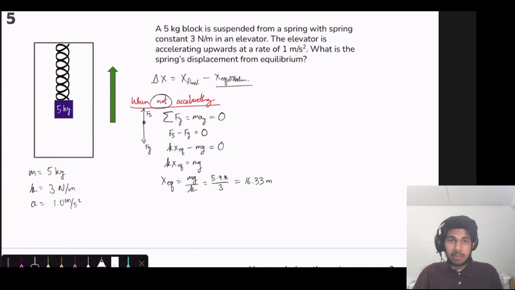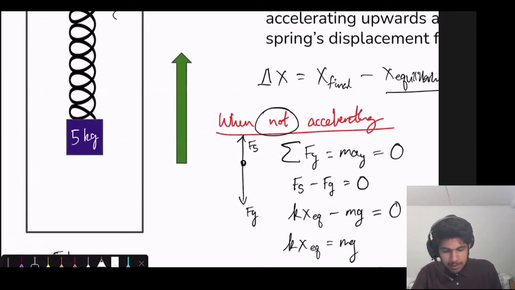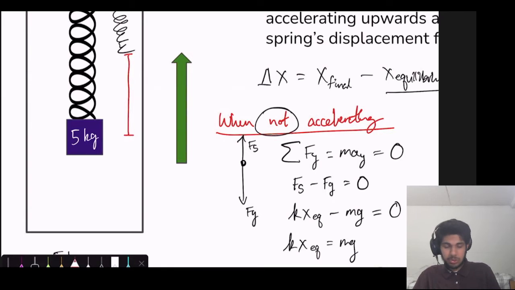What does this exactly mean, though? 16.33 meters, it's a number, but from what? Really, it comes back to the example that I pointed out: without the block, the spring looks something like this, but with the block, it's displaced by this much. So this is going to be 16.33.